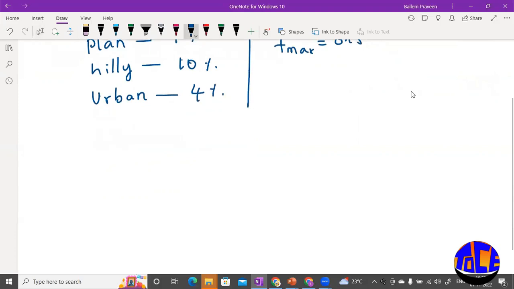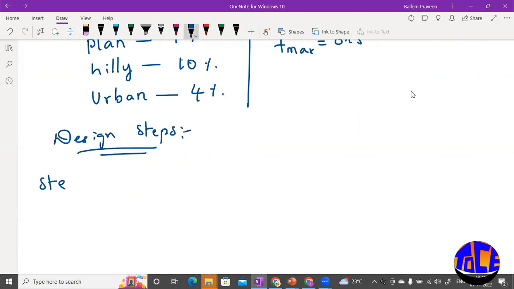So coming to the design steps. For the first step, step 1, we will be considering the mixed traffic.